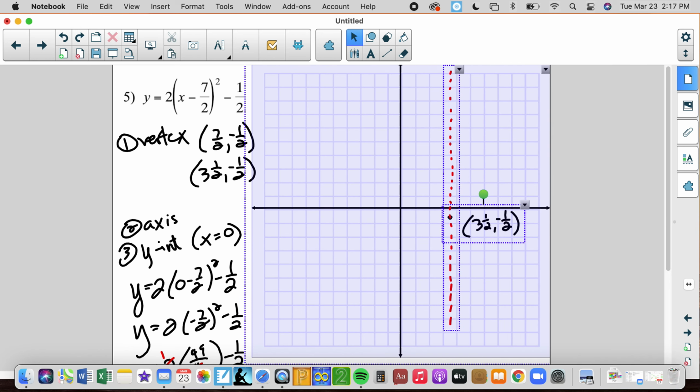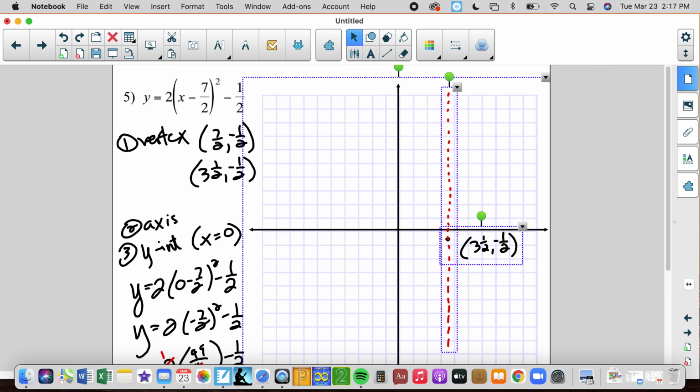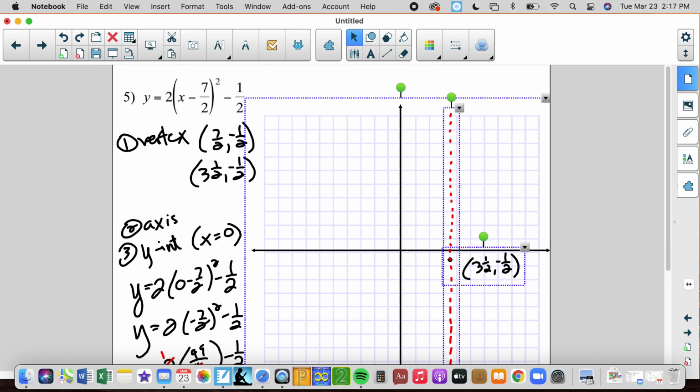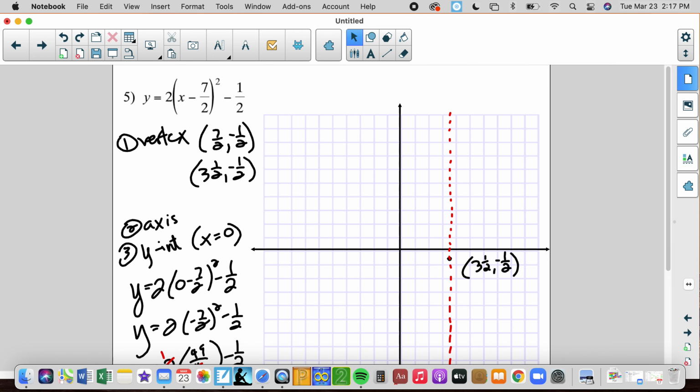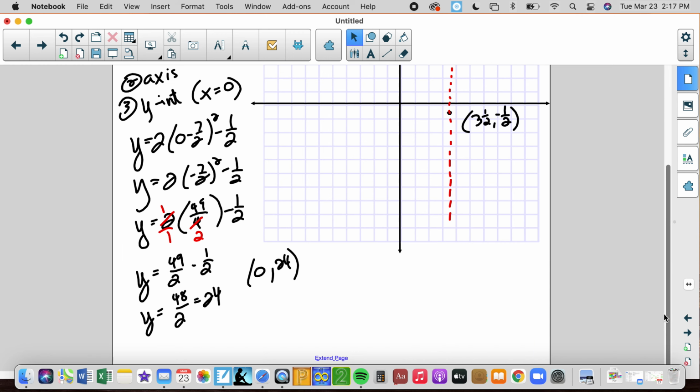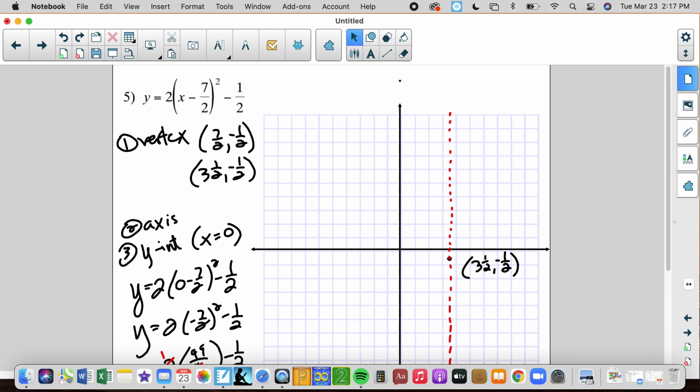So let's do this. We'll just post that there. What was my coordinate? It was 0, 24. It is 3.5 away. So I'm going to go 1/2, 1 and 1/2, 2 and 1/2, 3.5.